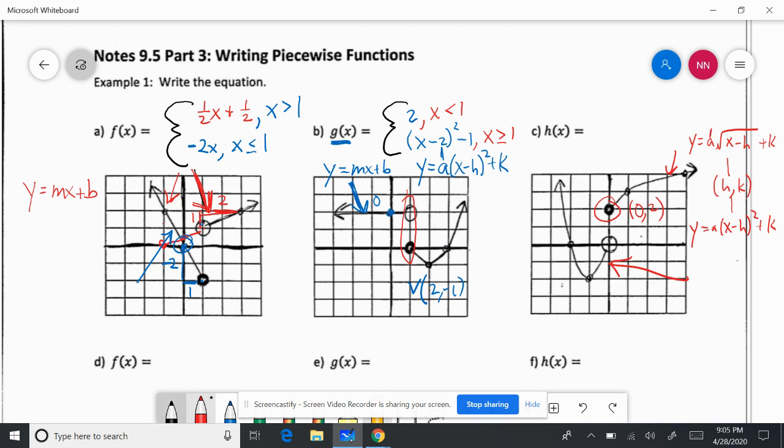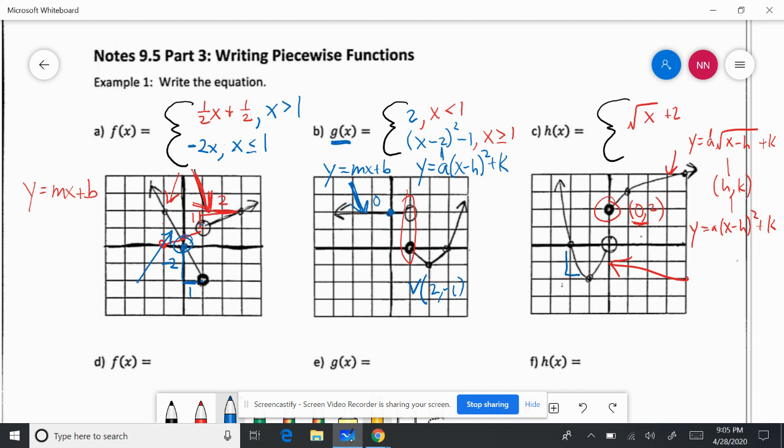So what we have is the square root of x. Notice that we don't have an h value because it's 0. And then we have plus 2. Now, if we're looking at our other equation, it's a parabola again. Notice it's going up.